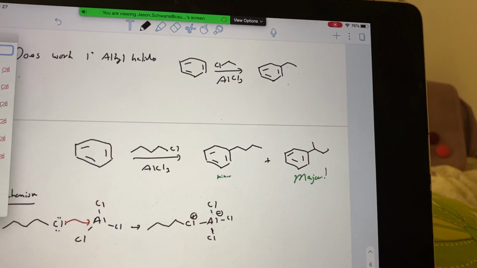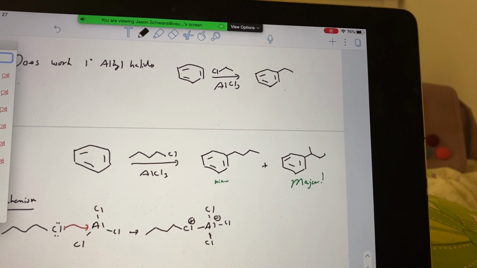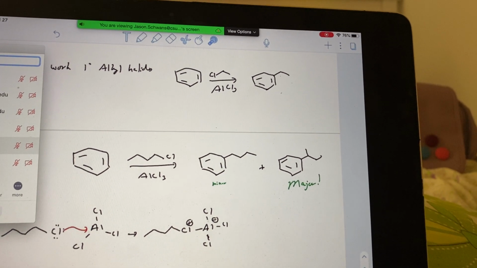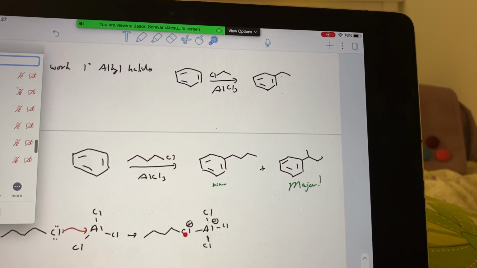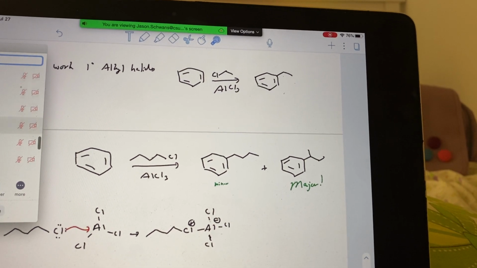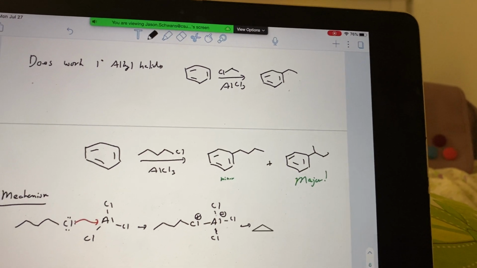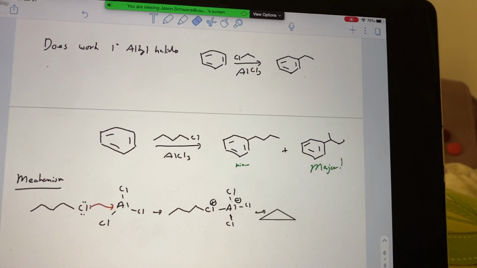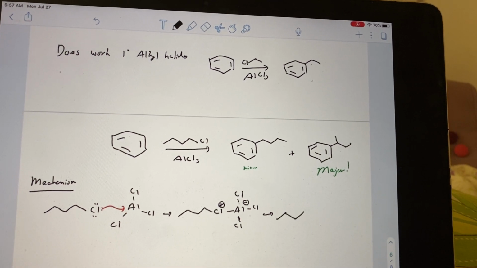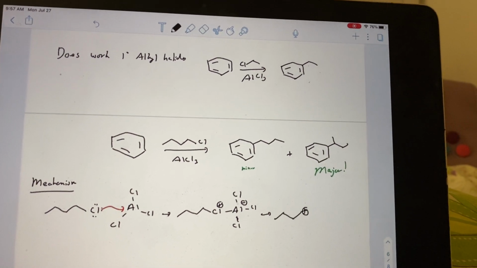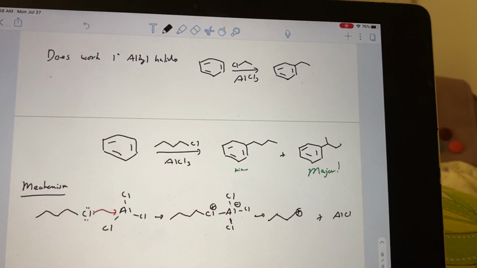Now, I just went through all of this about maybe it's a carbocation, maybe it's not for a primary case. Here, for the purposes of illustration, let's assume that this is going to leave and form a primary carbocation. That's to simplify. Let's see what that forms. So we'd end up with 1, 2, 3, 4 carbons, the carbocation, plus, I'll collapse it down over here, AlCl4 minus.